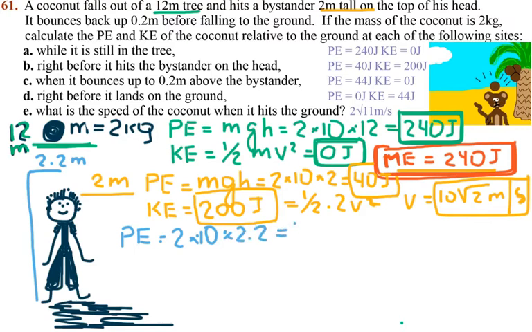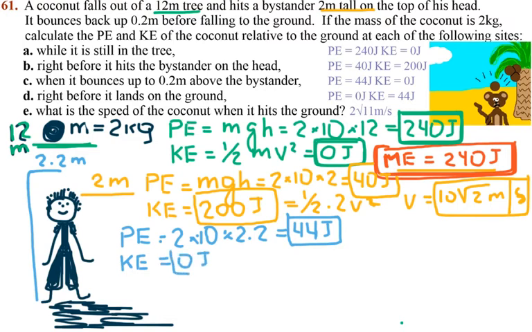So it looks like it is 44 joules of energy. That gives you kinetic energy. Right at that height, it stops for a second. So the kinetic energy at that height is going to be equal to 0 joules.